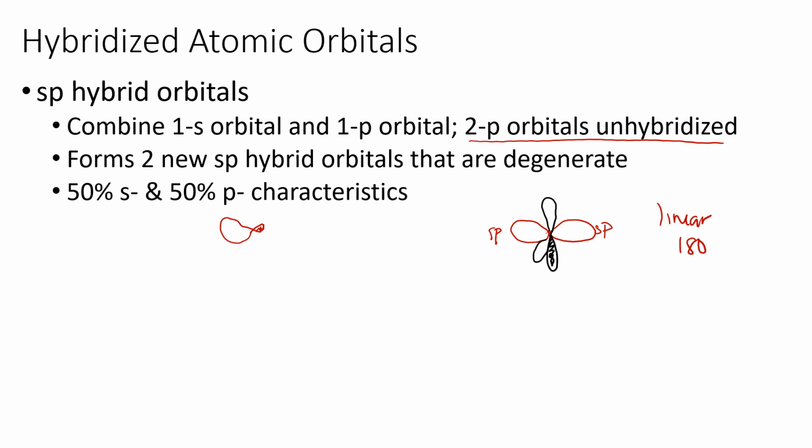The other one is then going to be on the z-axis, so I'm going to darken in one lobe, it's pointing out at you, and then back behind the plane of the screen is the other half of that p orbital. So we have two unhybridized p orbitals within our structure. Again, we have to pay very close attention that these orbitals are on different planes. They are not all allowed to be on the same plane.